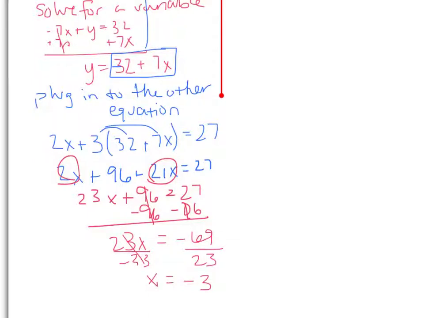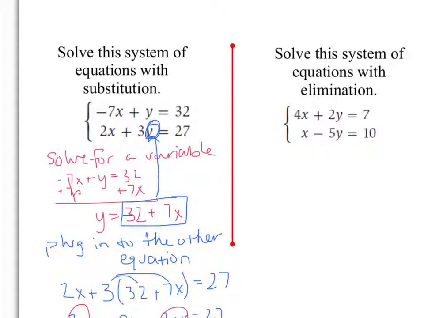Last thing we need to do is go back and plug it in to check what y would be. So if we return to our original equations, we're going to take our x of negative 3 and plug it in and solve for y. Both equations should give us the same result.